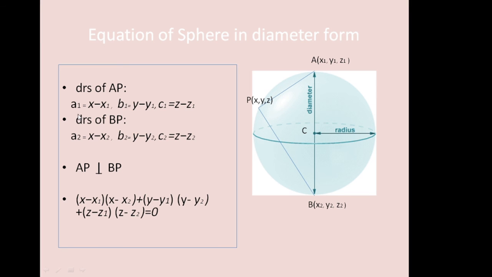Put the values of a1, b1, c1, a2, b2, c2 in this condition. We get the equation of sphere in diameter form, and that equation is (x minus x1) into (x minus x2) plus (y minus y1) into (y minus y2) plus (z minus z1) into (z minus z2) is equal to 0.